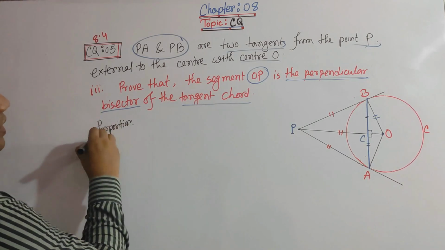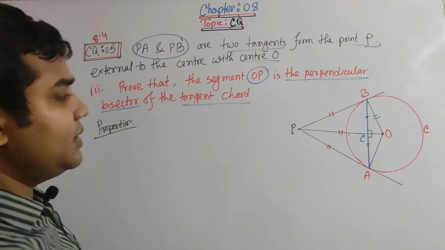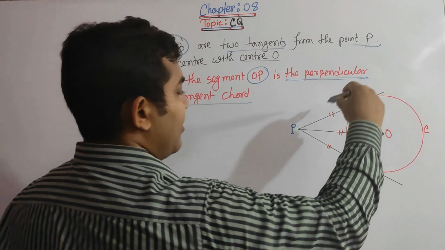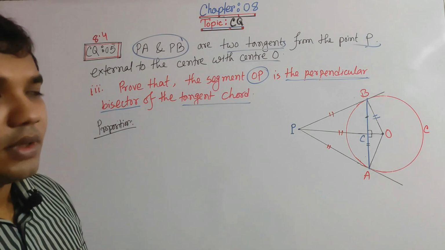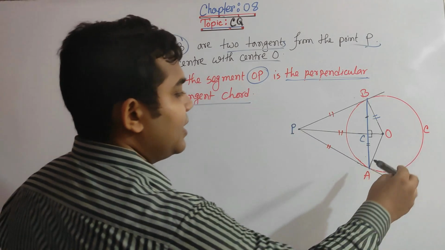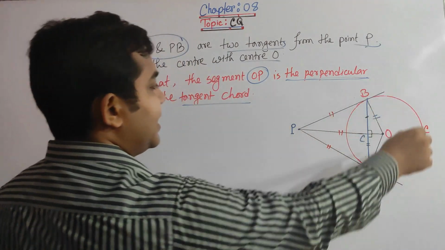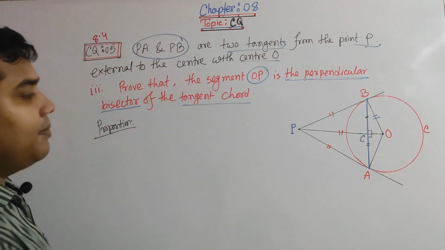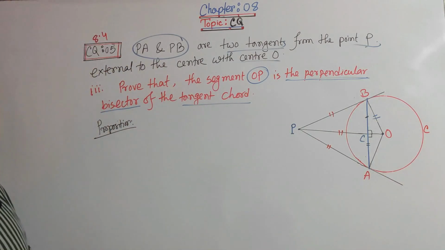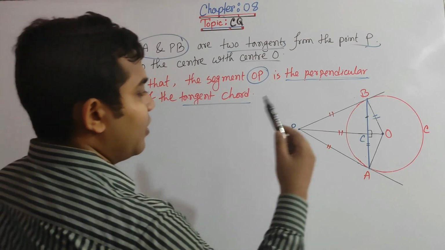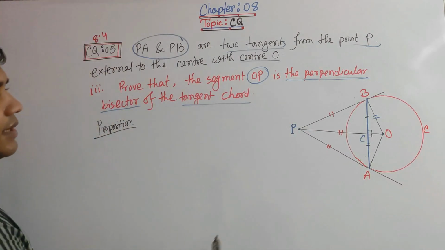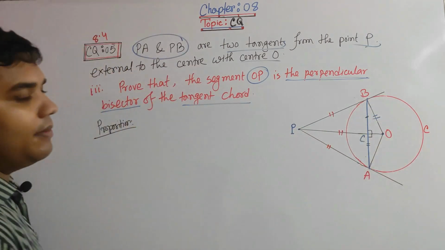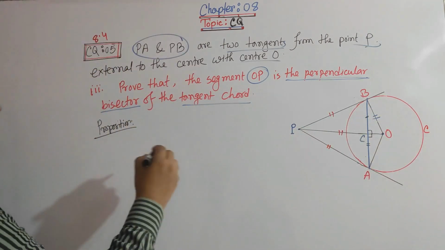See, now our proposition part. Our proposition part is what? Let us assume that O is the center of the circle ABC, where P is a point outside the circle, and here we can also say that OB and OA are the radii.